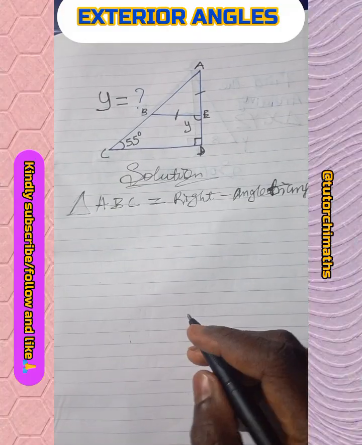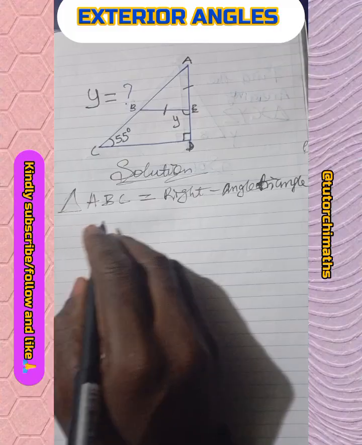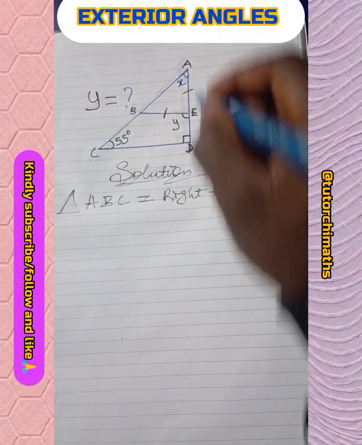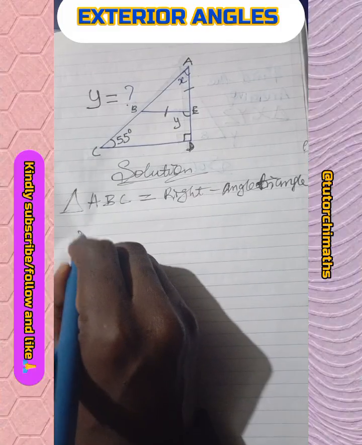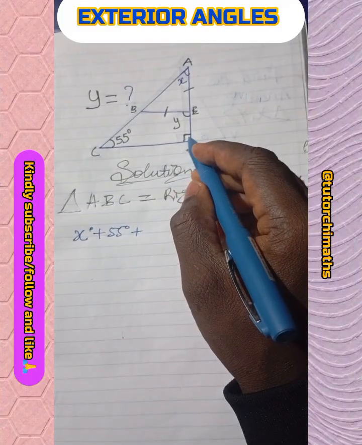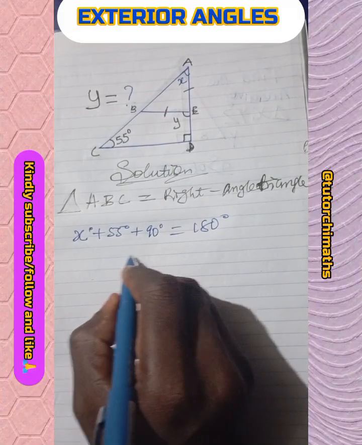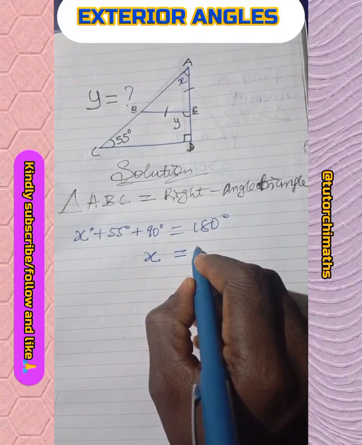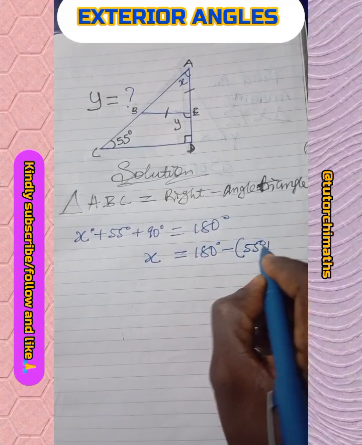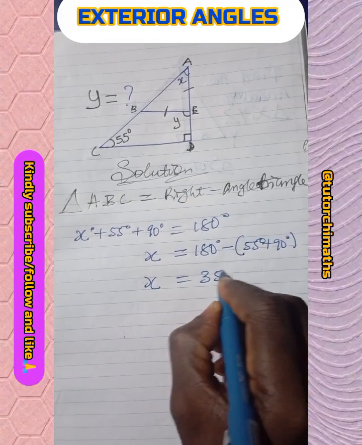Alright, now let's call here x, so that we can have x degrees plus 55 degrees plus 90 degrees is 180 degrees. So that we can find this x will now be 180 degrees minus all bracket 55 degrees plus 90 degrees, so that x should give us 35 degrees.